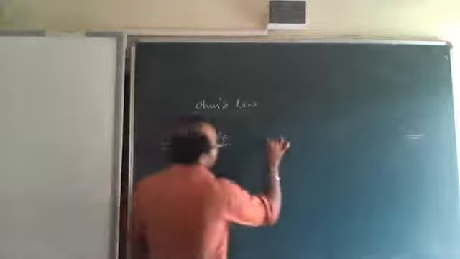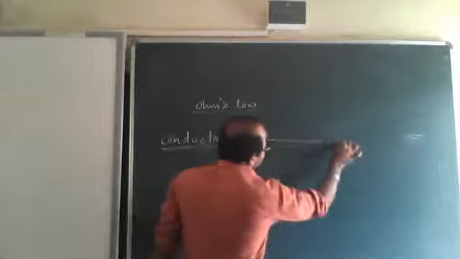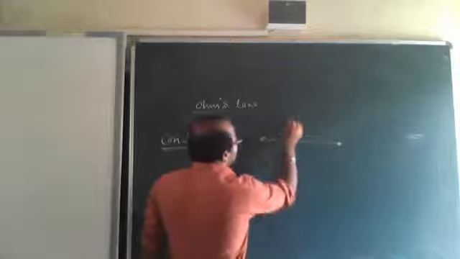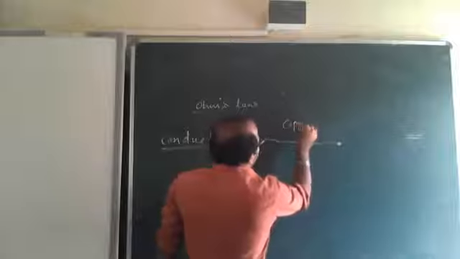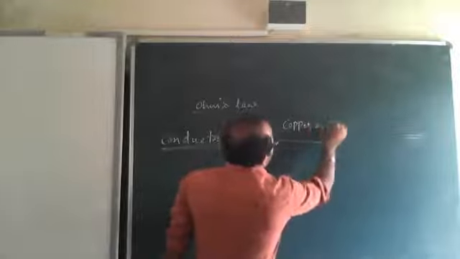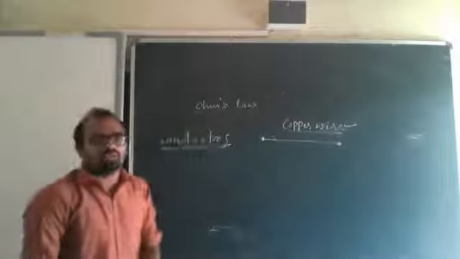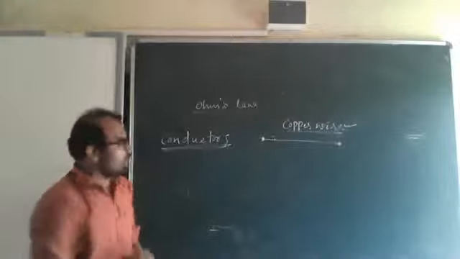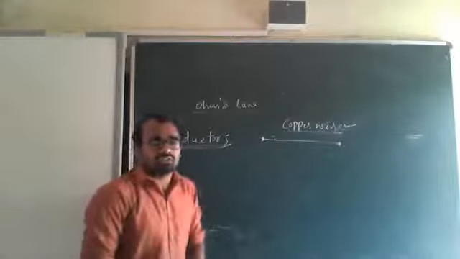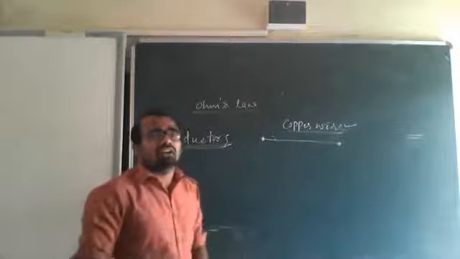Suppose I take a copper wire. All materials are either conductor, insulator or semiconductor. A copper wire is a good conductor of electricity. Why is it a good conductor of electricity?